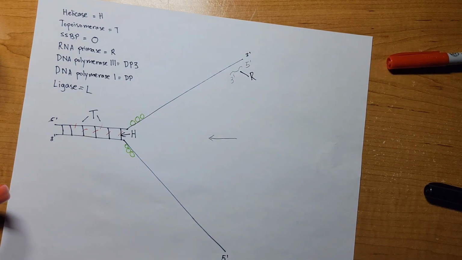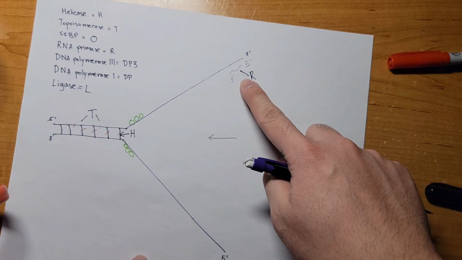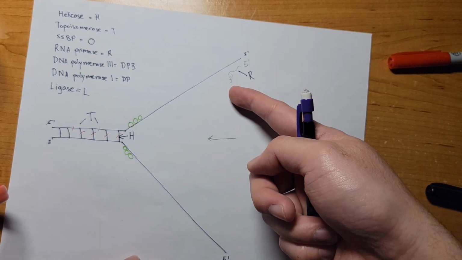Now that we have a primer, DNA polymerase can do its job. The main DNA polymerase that will do that job is DNA polymerase 3. This is where I want you to incorporate what you've learned so far. Remember, we can only add at the free 3'. In this case, there's a free 3' over here, right?